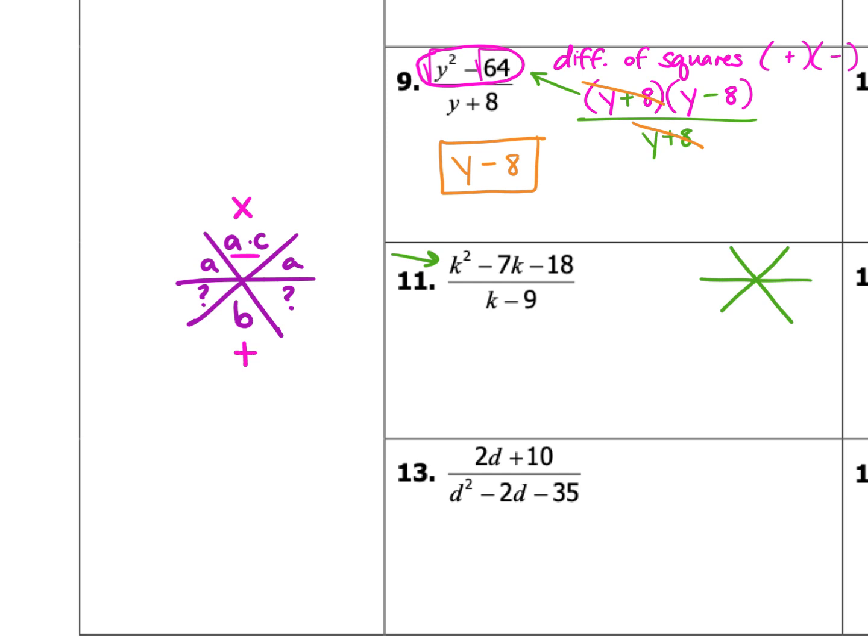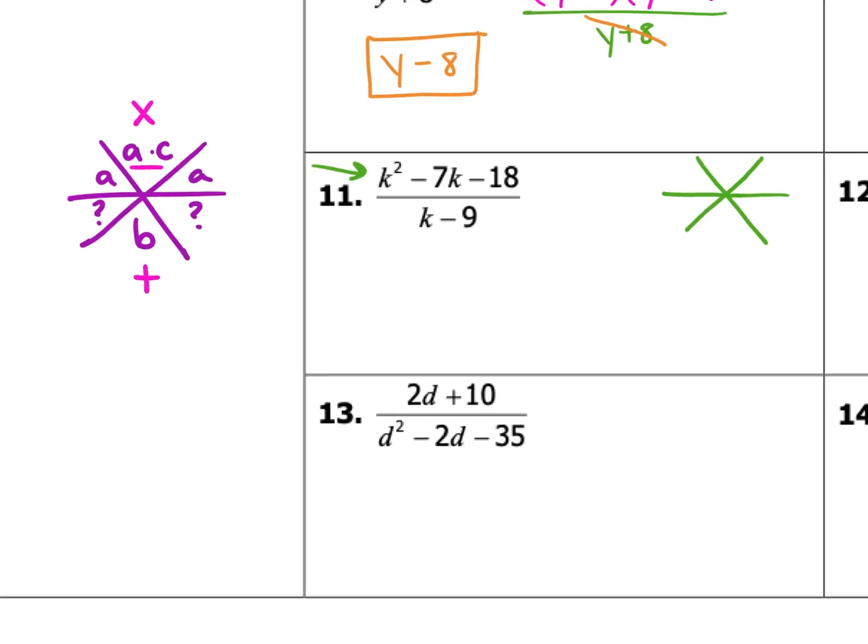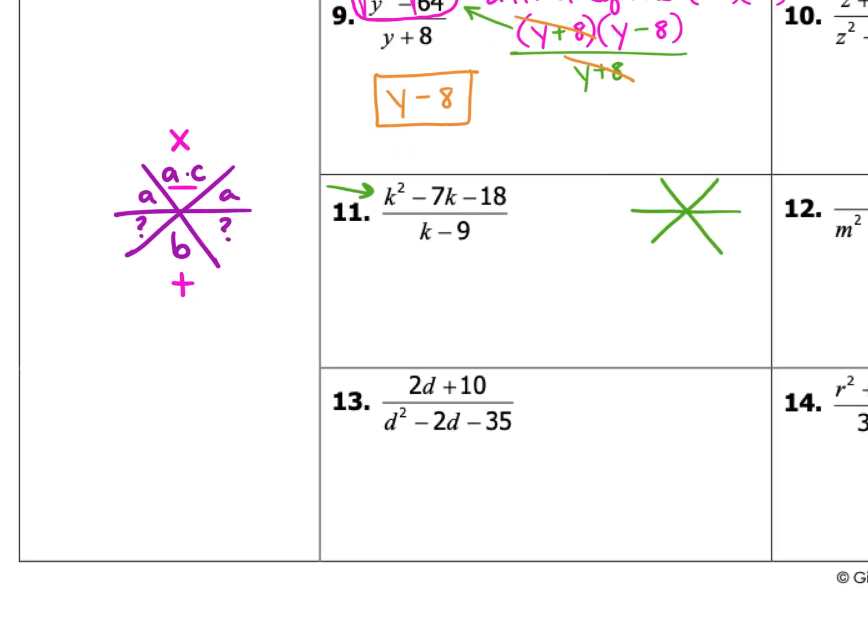Okay, so here we go. Your top number, your A times C is 1 times negative 18, so it's a negative 18 up there, a negative 7 down here, and then your A value was 1. So you are asking, what can I multiply to get negative 18 that I can add to get negative 7?